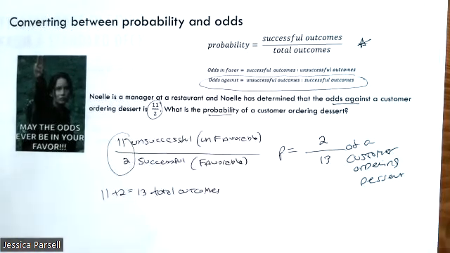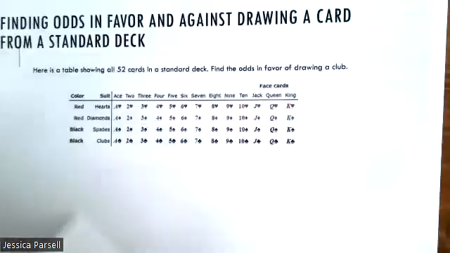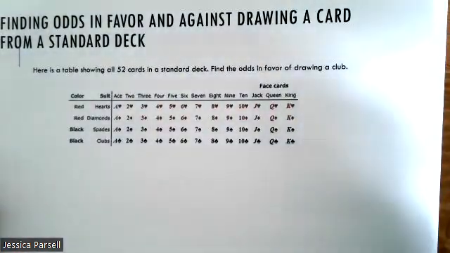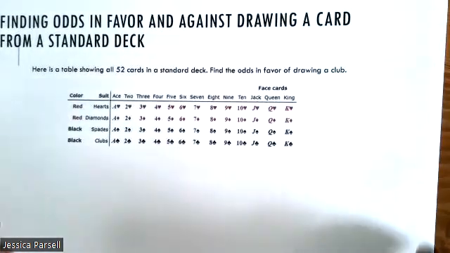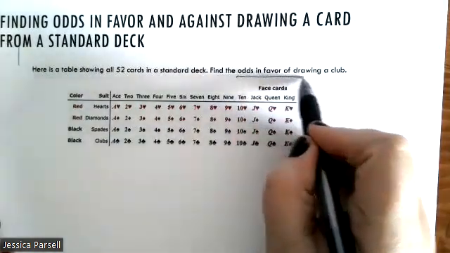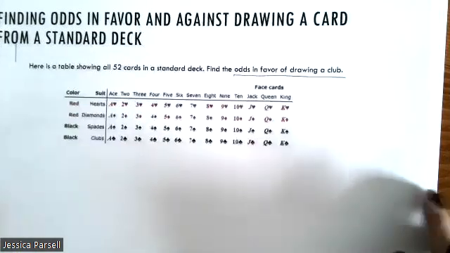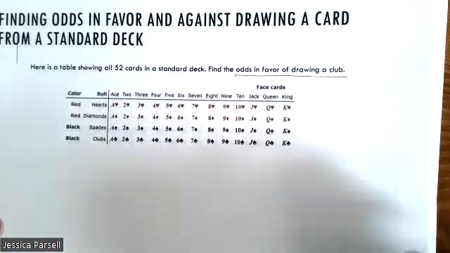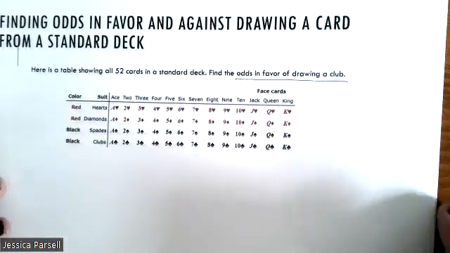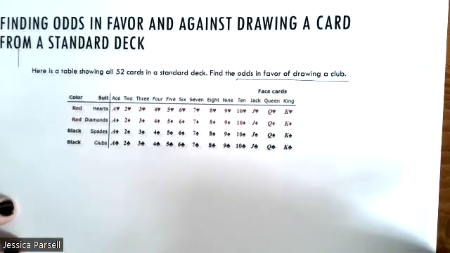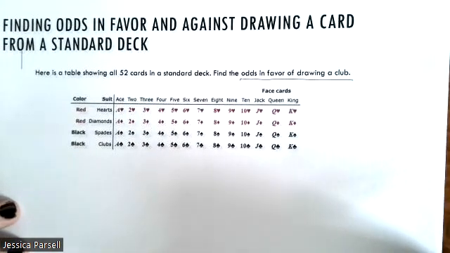So we're going to do some more practice. Switch to decks of cards. All right. Find the odds in favor of drawing a club. So pause the video, see what you can do with this. I took away the formula, so you're going to need to go dig for that unless you've got it memorized, which you might, and come back and see if you match me.